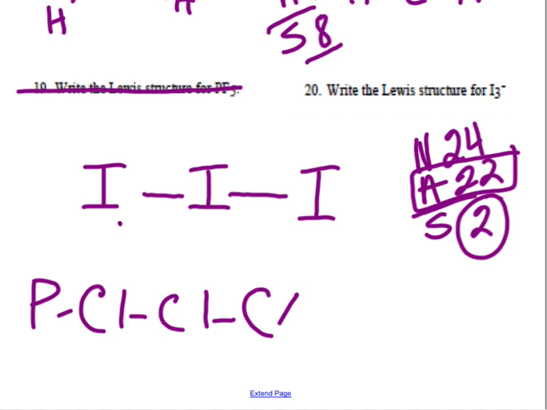Go ahead. 6, 8, 10, 12, 14, 16, 18, 20, 22. Perfect. That's good. So look how many lone pairs are on that central. Thank you, good job. How many lone pairs? There's 3, right?